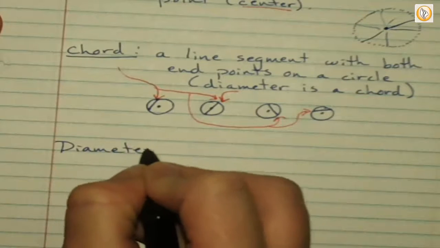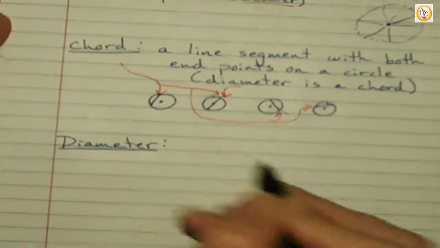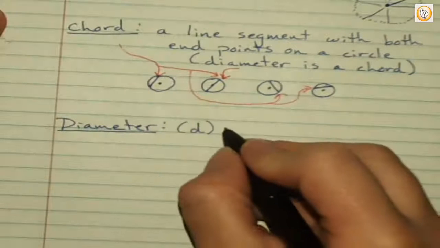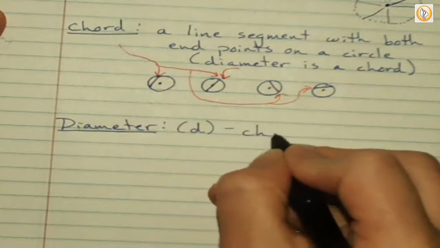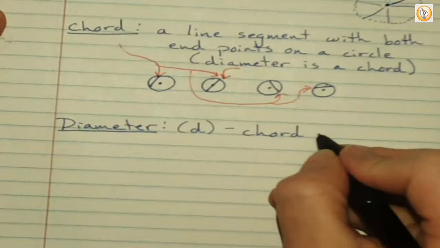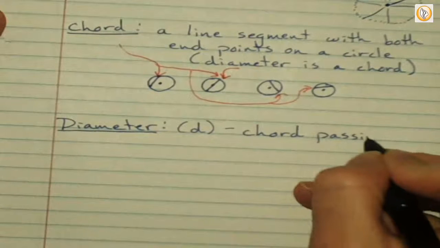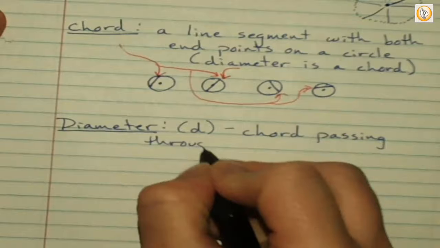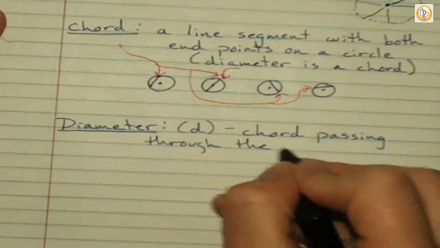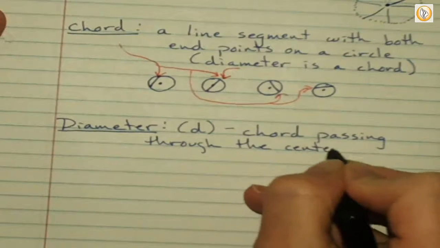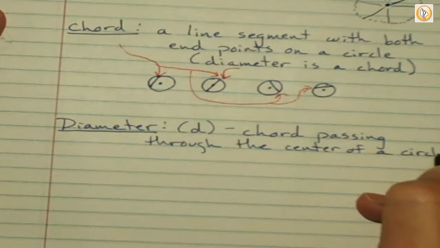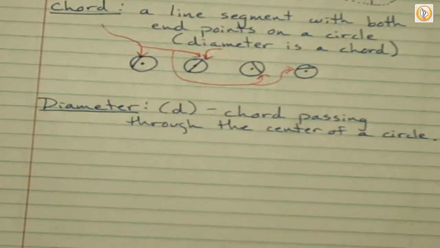Diameter. And we're going to call it D because you need to know that. It's a chord passing through the center of a circle. So a diameter, let me rephrase it.